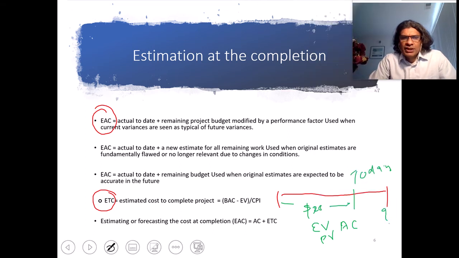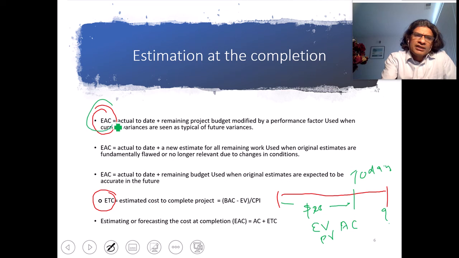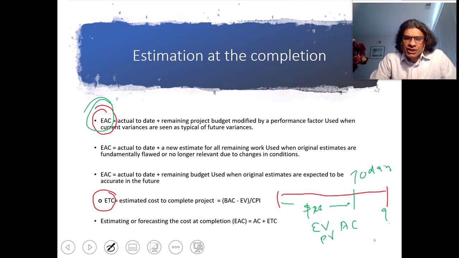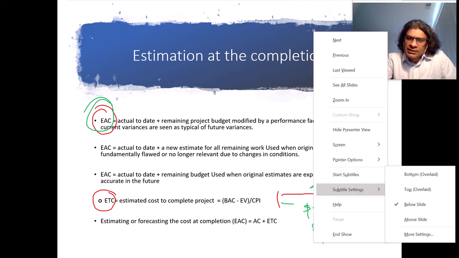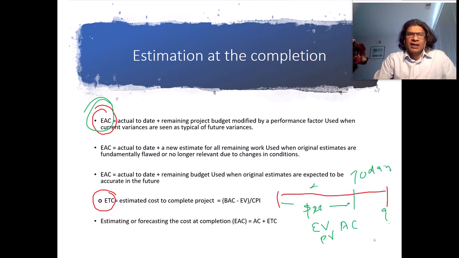That is the question. To find out the estimated cost at completion, there are three different thought processes that we can arrive at. One is just looking at the actual to date. Looking at the actual to date, you find you have spent $X amount.